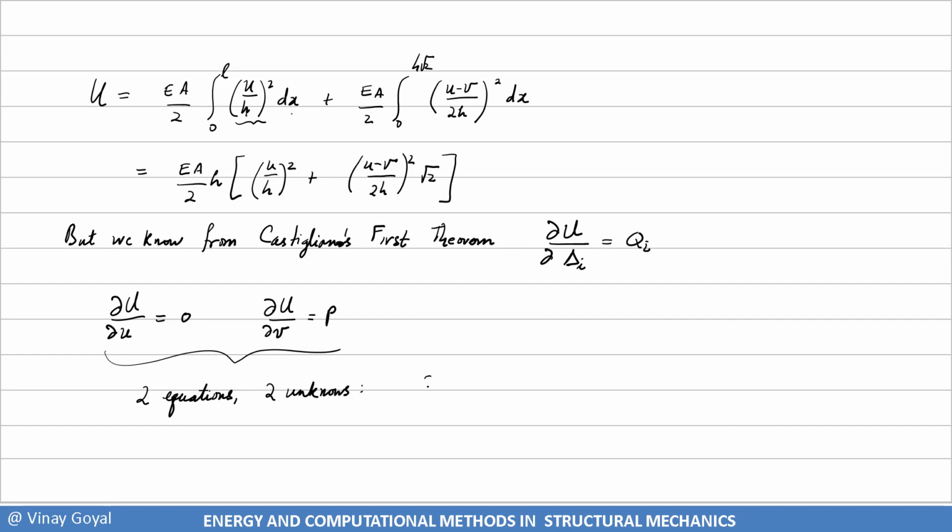And when you do, you get small u equals the load P applied, H over EA. You guys can check that at home or use MATLAB. And I get big PH over EA.